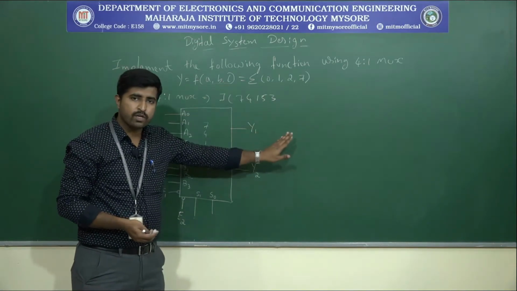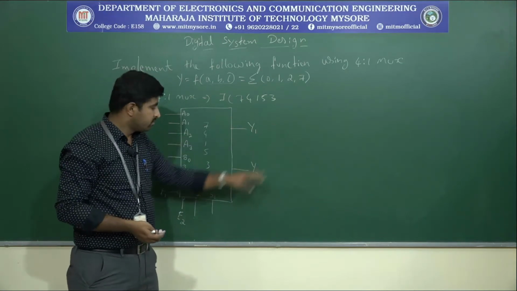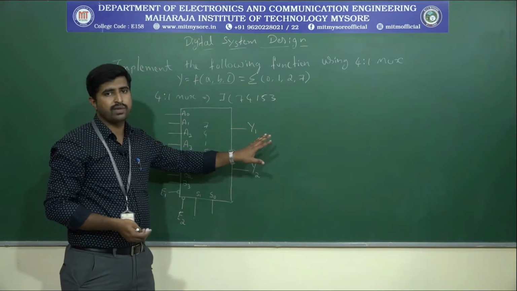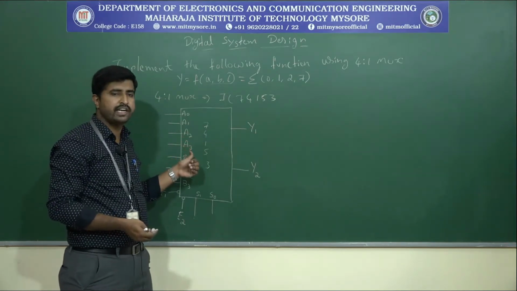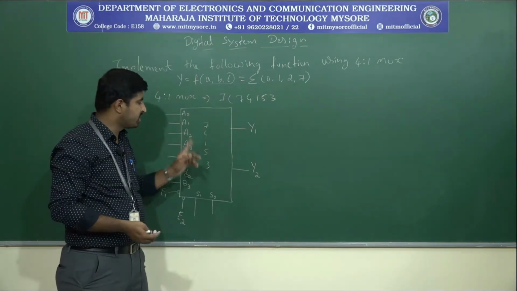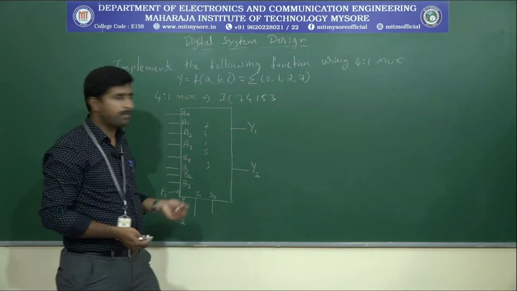Let's make the table of how the function will be, the functionality of that one. And then we will draw the circuit diagram. So what changes are needed to implement the given function in the 74153?